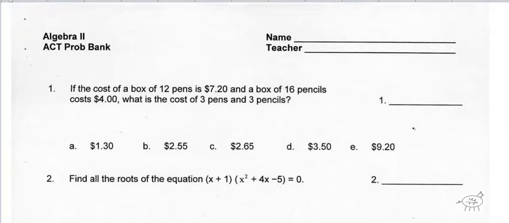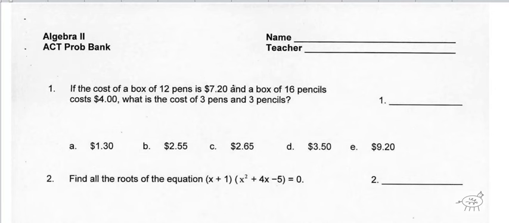Good old geometry. All right, now we have algebra 2. A little bit more challenging than the algebra 1 problems, but it is what it is. If the cost of a box of 12 pens is $7.20, and a box of 16 pencils is $4, what is the cost of 3 pens and 3 pencils? That's easy. I mean, if you think this is hard, then you might want to cry right now.